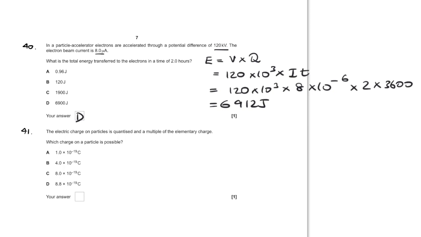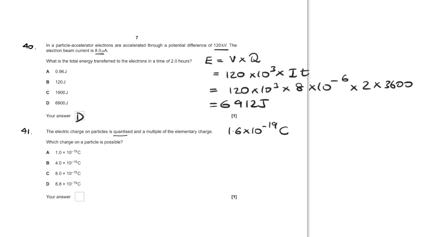Now for the next question, the electric charge on particles is quantized and a multiple of an elementary charge. And now we know what that elementary charge is: 1.6 times 10 to the minus 19 coulombs. Which charge on a particle is possible? So it has to be a multiple of 1.6.